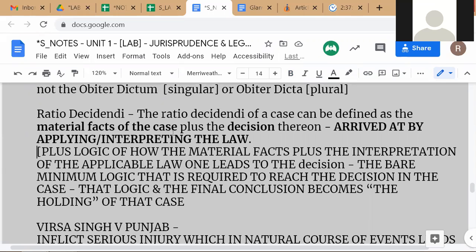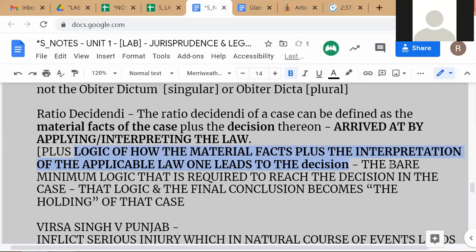That's the material facts of the case plus the decision that is arrived at, and how they arrive at the decision by applying the law, in what way they interpret the law. So the logic of how the material facts lead to the decision, basically this is a better definition, I think. When we say logic, we're talking about the bare minimum logic that is required to reach the decision.